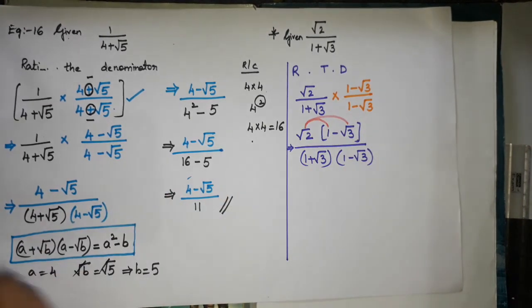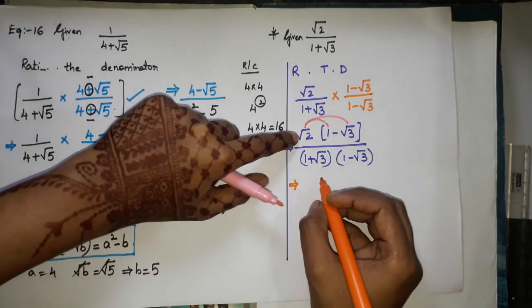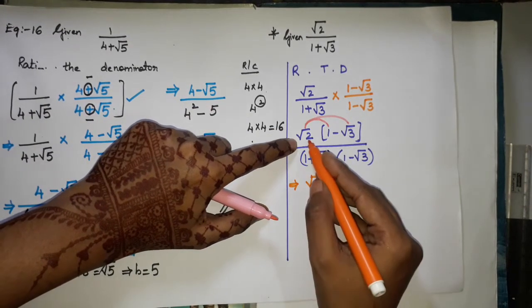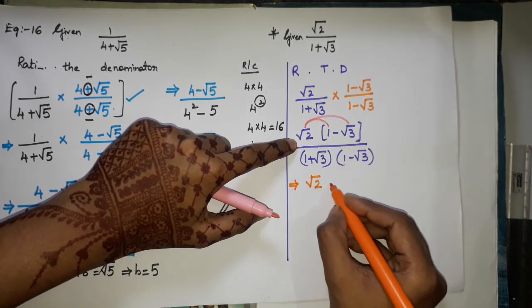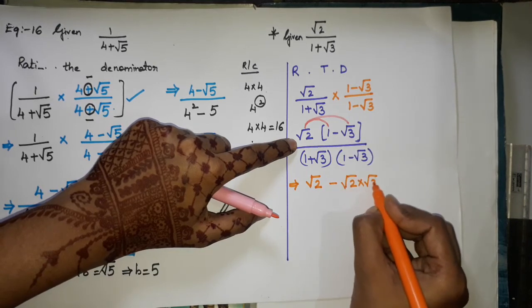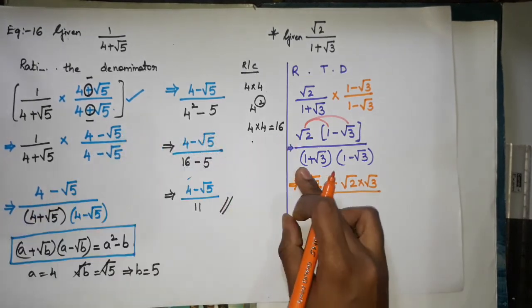Now see here, root 2 into 1 will be root 2. Root 2 into minus root 3 will give you minus root 2 into root 3, divided by the same 1 plus root 3.